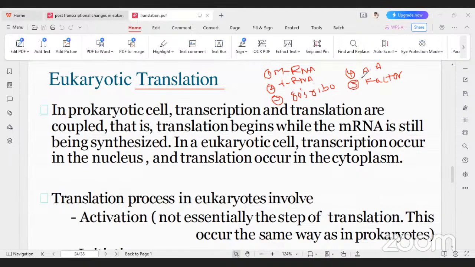And in translation also, like in transcription, there are three stages. What are the three stages in eukaryotic transcription?